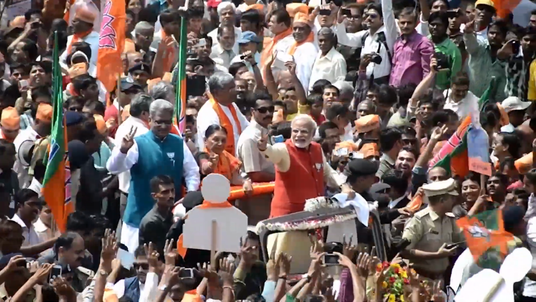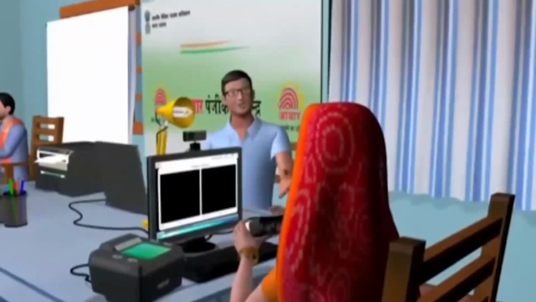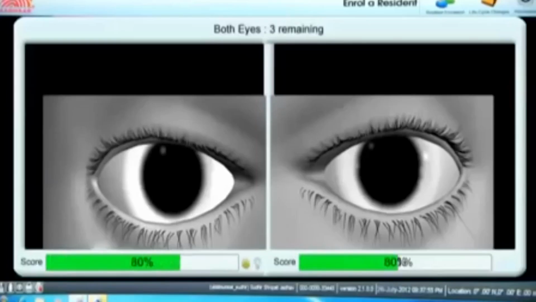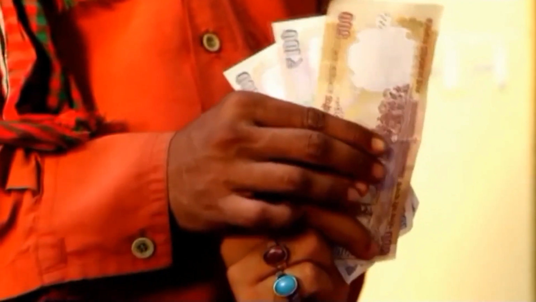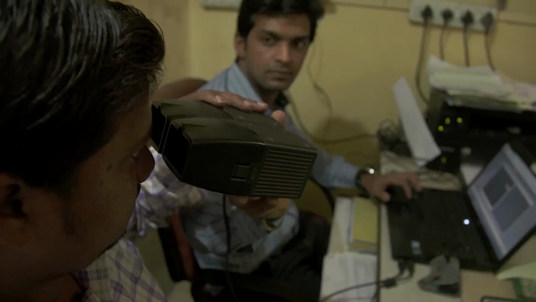For a new government in Delhi, the plan will allow India to jumpstart its economy and bring millions of rural Indians into the economic mainstream. People are trying to draw in the masses into benefiting from the IT sector. But what is the true price of digital inclusion?